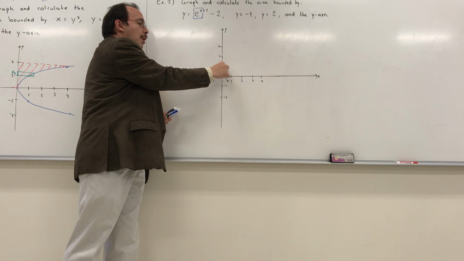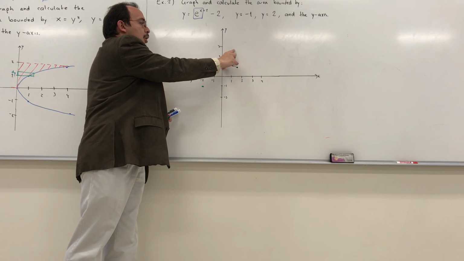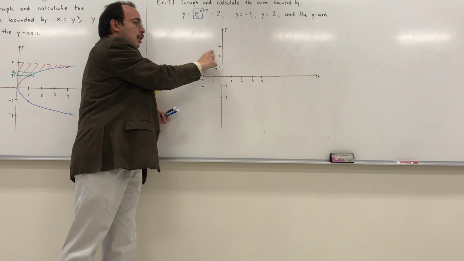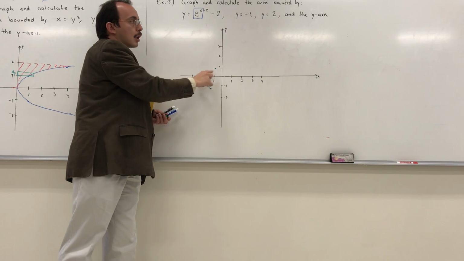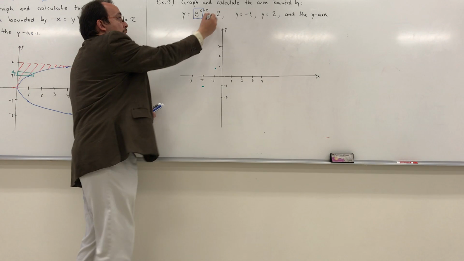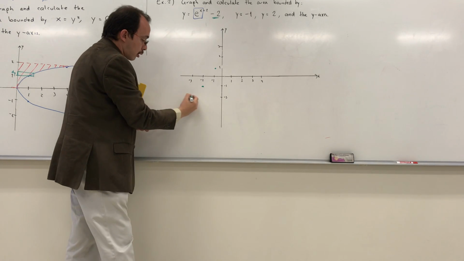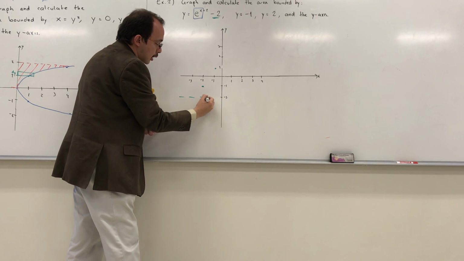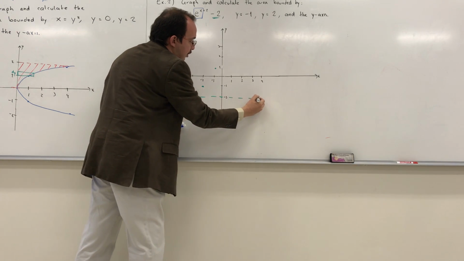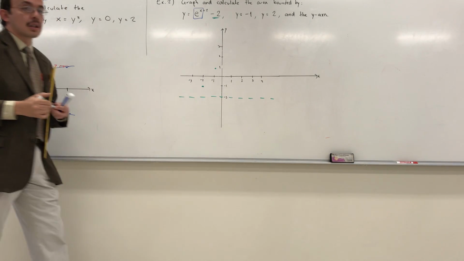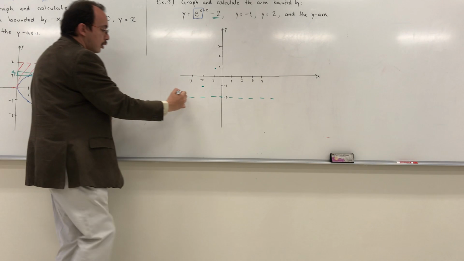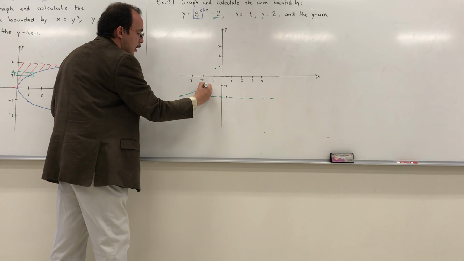Initial points (0, 1), (1, 2.7): 2 to the left, 2 down. What else? There's an asymptote at minus 2. Why is there an asymptote? Because exponentials always have asymptotes. So the graph is going to be something like this.